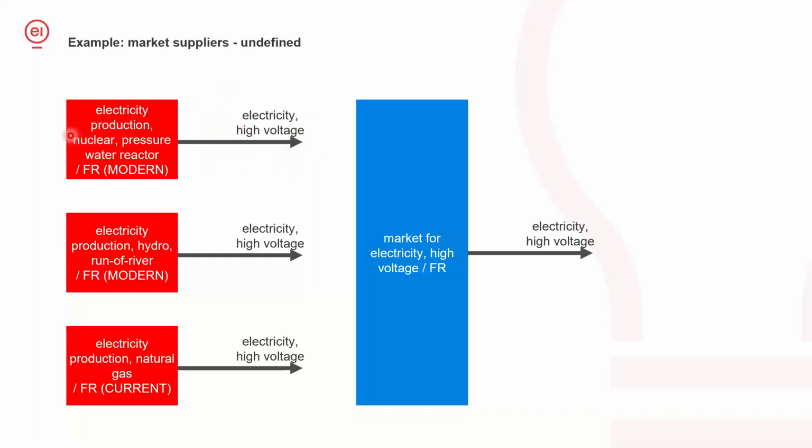One is based on nuclear technology, one on hydropower technology, and one on natural gas technology. The first and the second one are considered modern technologies, while the third one is a current technology. In the cutoff, all these activities will supply the market. In the consequential, the third activity, which has a current technology, will not supply the market.